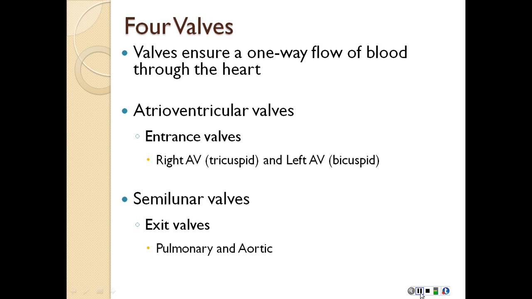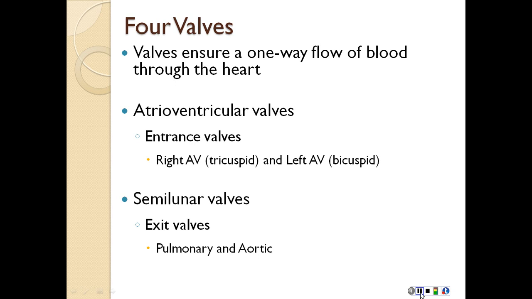Tricuspid, bicuspid. What's the other name for bicuspid? Left AV or mitral valve. So the bicuspid valve is also called the mitral valve, and the tricuspid and bicuspid valves are right AV and left AV, atrioventricular.